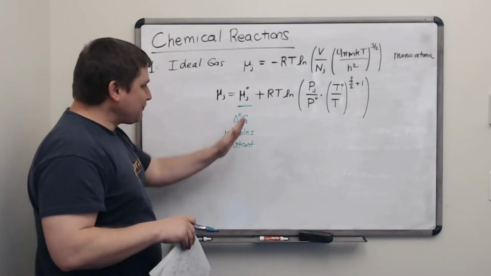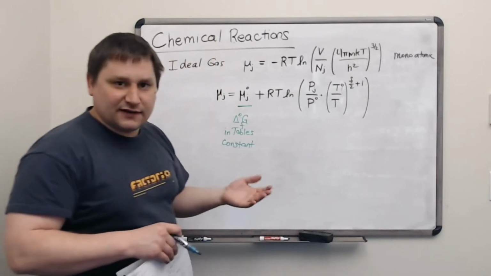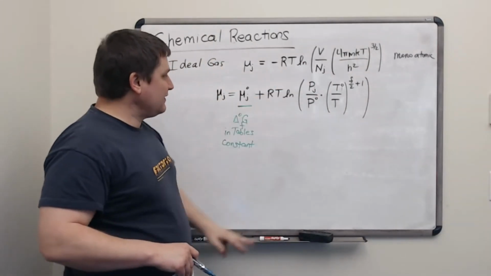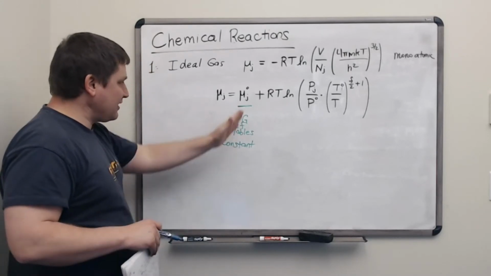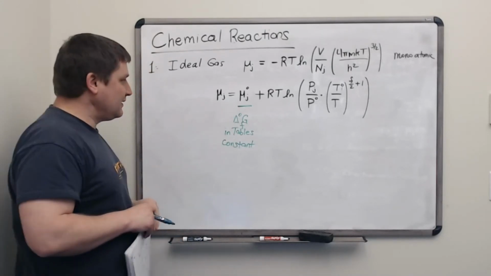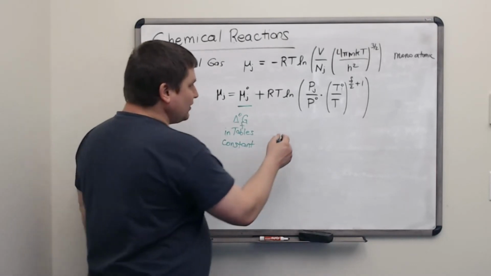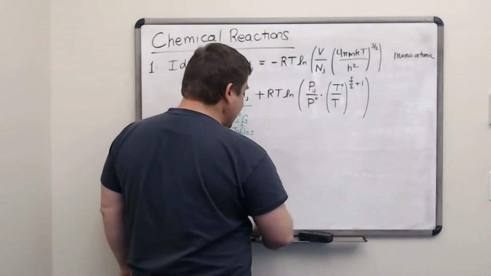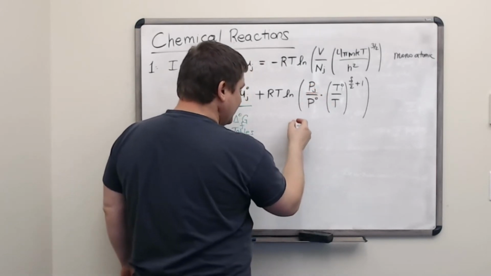So in principle, this includes all the M's, the H bars, and if it's diatomic, the internal spring constant, and all that crap that goes into this reference chemical potential. Then inside of the logarithm, this Pj is not just the pressure of the whole system.